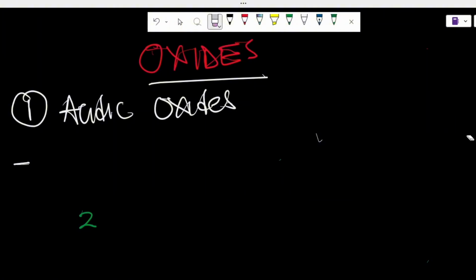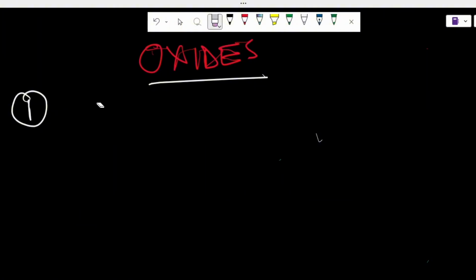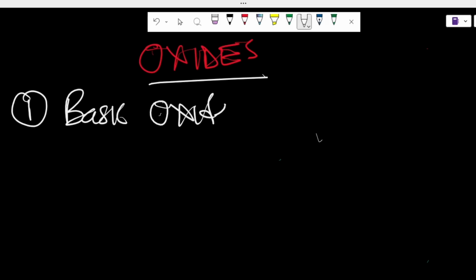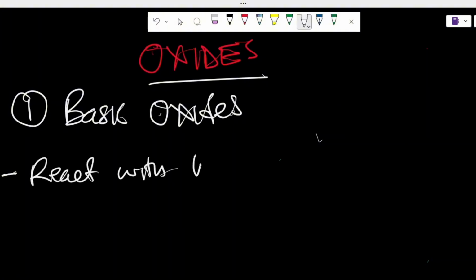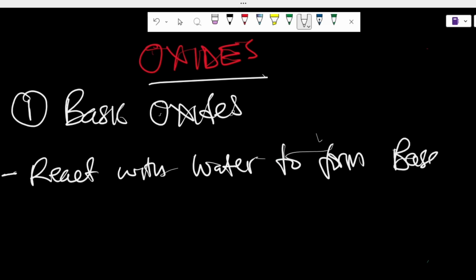Now the other type would be the basic oxides. So these basic oxides react with water to form bases. So an example would be, let's say, sodium oxide plus water.